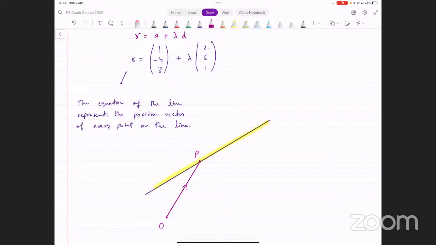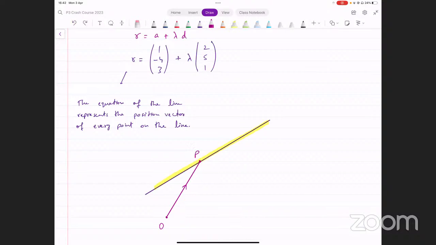Okay, so in the direction of the line. So that is why every point that you get from this equation is going to lie on this line, because we have already reached the point P that was any particular point on the line.